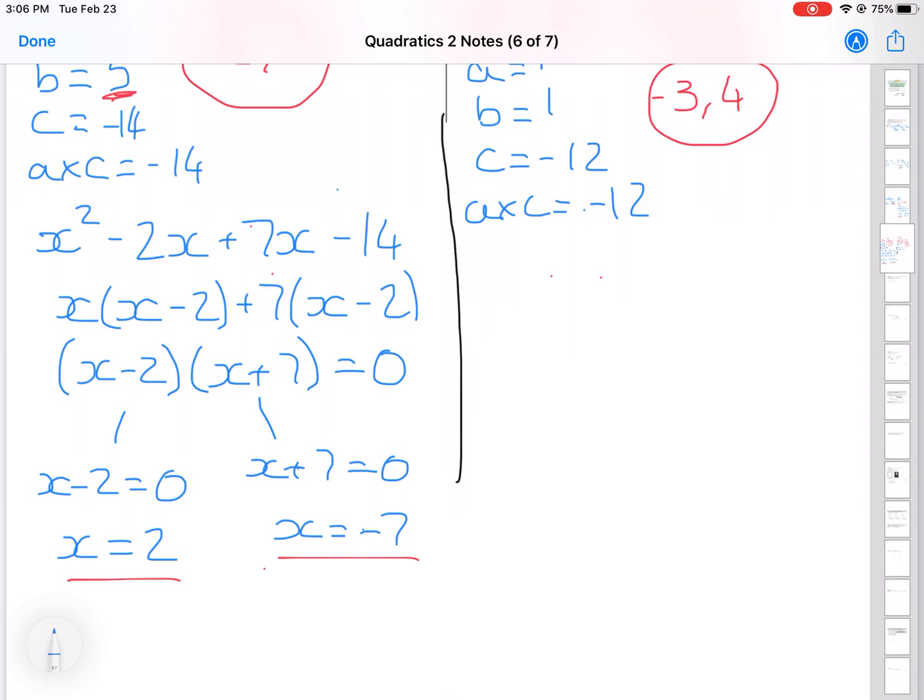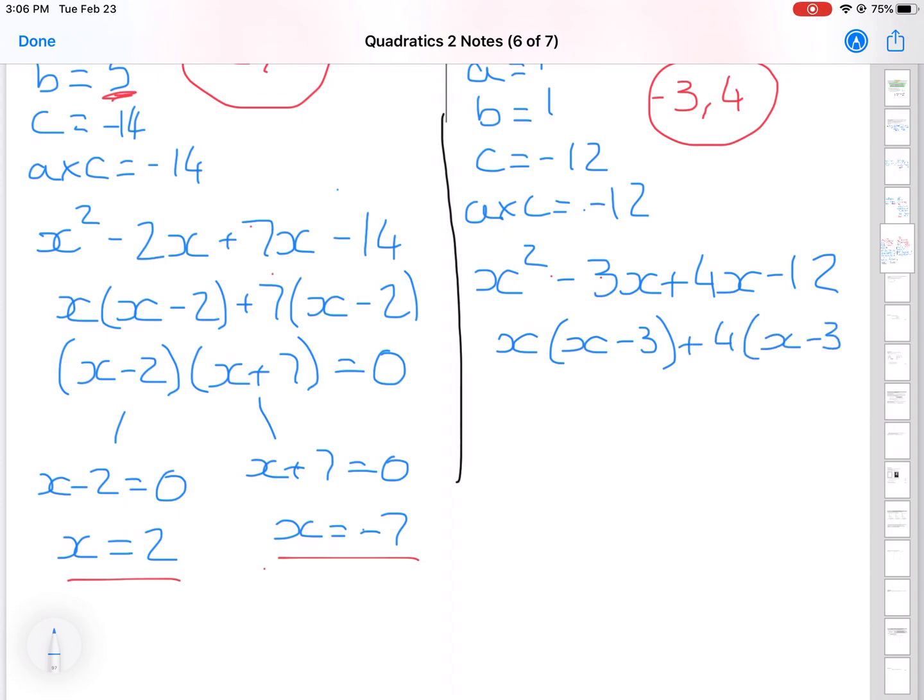Now we replace the minus 3 and the 4 back into the original question. So x squared minus 3x plus 4x minus 12. Factorise the first two terms, so x bracket x minus 3, plus 4 bracket x minus 3 for the second two terms, and our two brackets are x minus 3 and x plus 4.